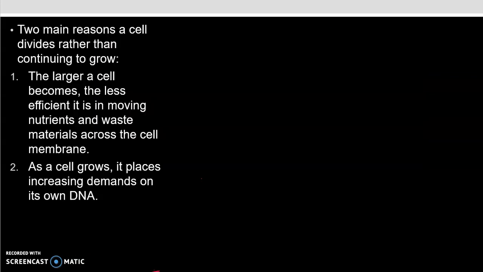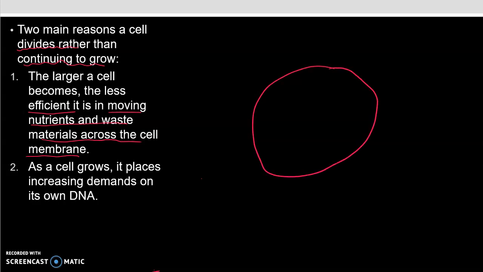The two main reasons that a cell divides rather than continuing to grow are, one, because the larger a cell becomes, the less efficient it is at moving nutrients and waste materials across the cell membrane. So for example, last semester we talked about the process that occurs in a little organelle, and there are many of these throughout the cell, called the mitochondria.